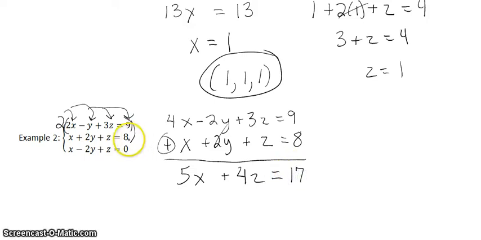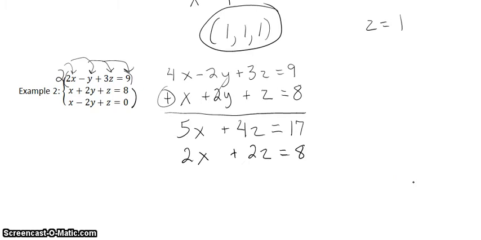Alright, now I'm going to combine the bottom two equations, and as you can see, the y's already have the opposite signs with the same number, so I can leave these two equations as they are and eliminate the y's. So I'll have a 2x, y's cancel, plus 2z equals 8.